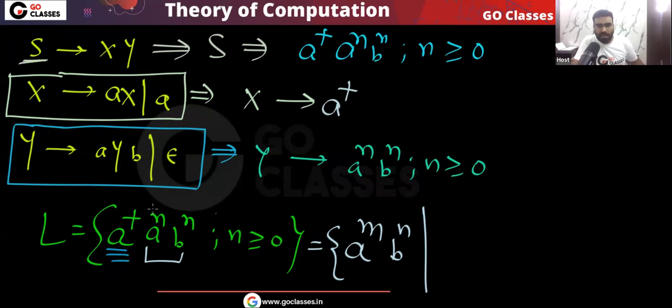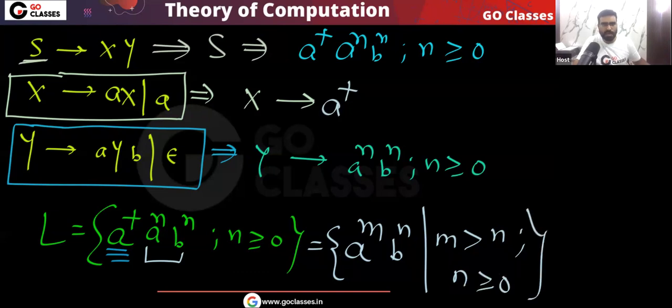So you can see that this m is actually greater than n, and this n is greater than or equal to 0. So this will be your language.